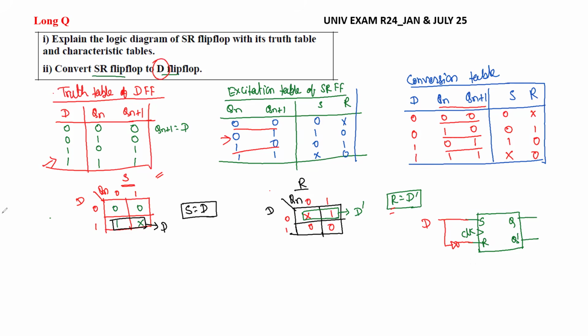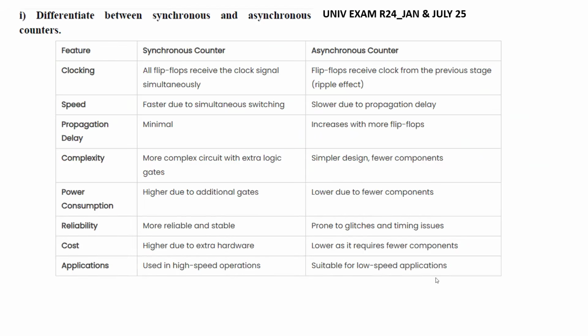Next we'll see another long question: the difference between synchronous and asynchronous. Many times they ask this, so these are the important points. On the basis of clock, synchronous means each flip-flop receives the same clock pulse. Asynchronous means only the first stage gets the clock pulse and the remaining are triggered from the previous one. Speed: synchronous is faster with less propagation delay, asynchronous is slower.